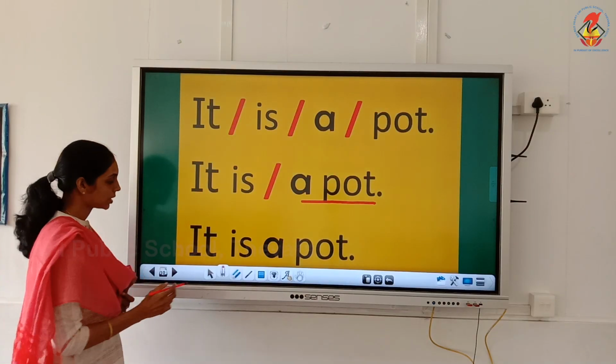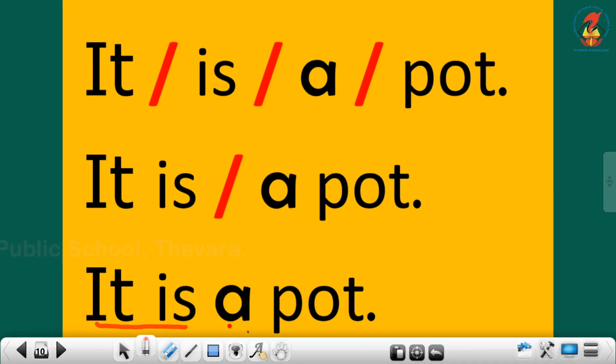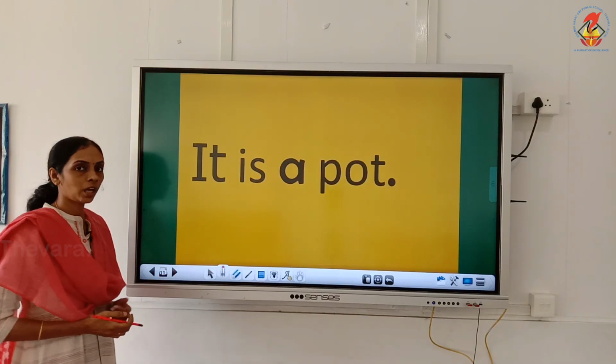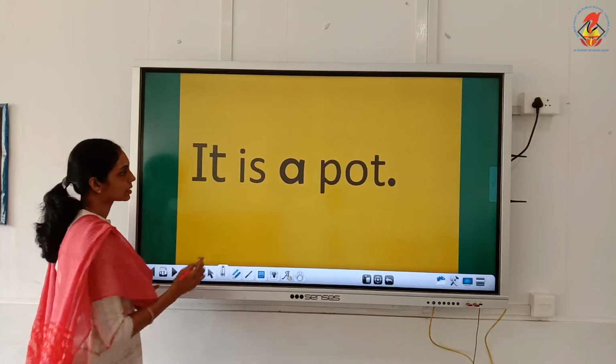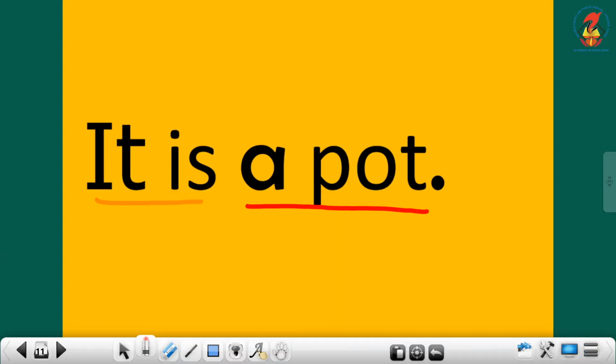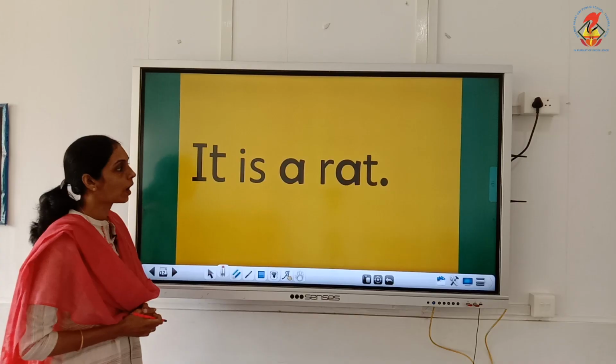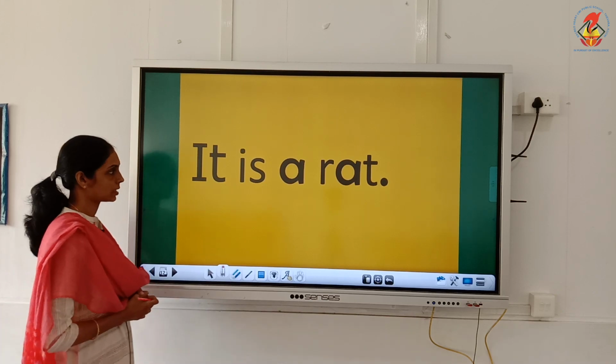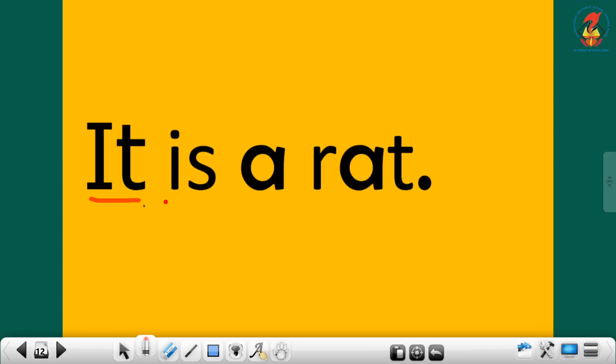Now read the sentence. It is a pot. Children, how do we read this sentence? It is a pot. And the fourth sentence is: it is a rat.